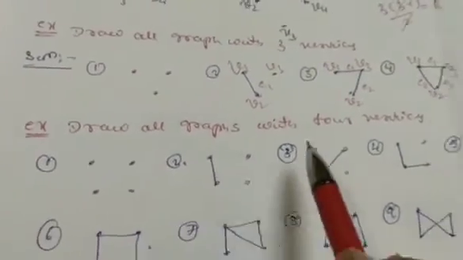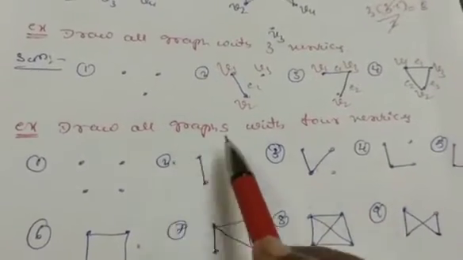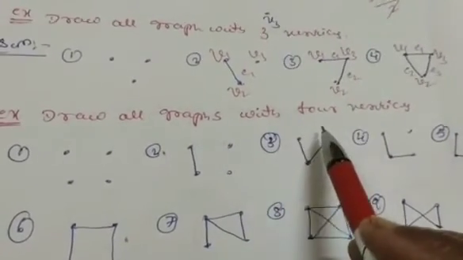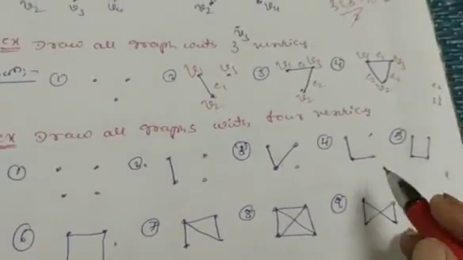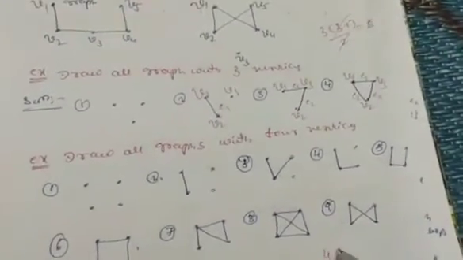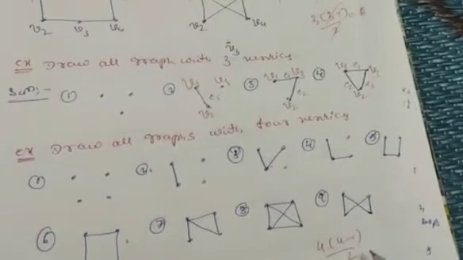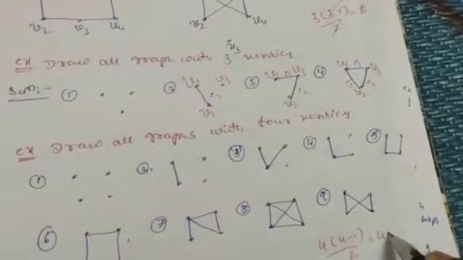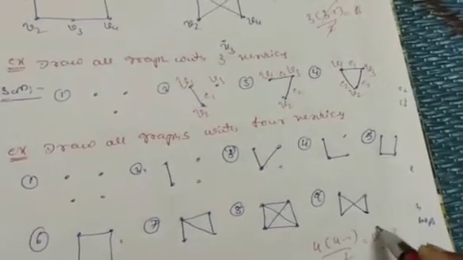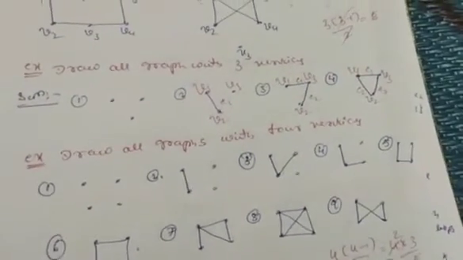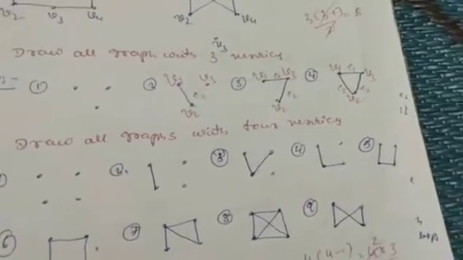Again, suppose we have 4 vertices. Then the maximum number of edges is 4 into 4 minus 1 divided by 2, which is 4 into 3 divided by 2, that is 6. It has a maximum of 6 edges, not more than this.